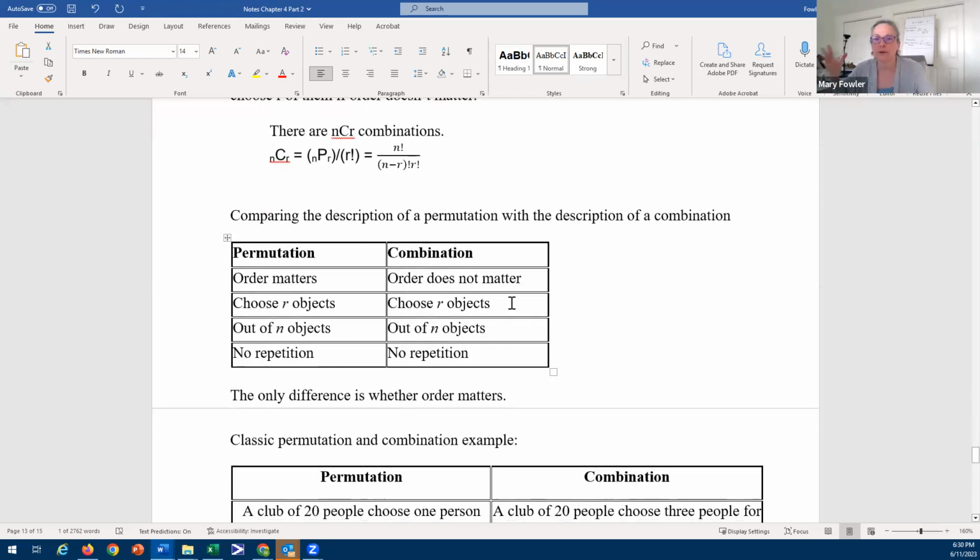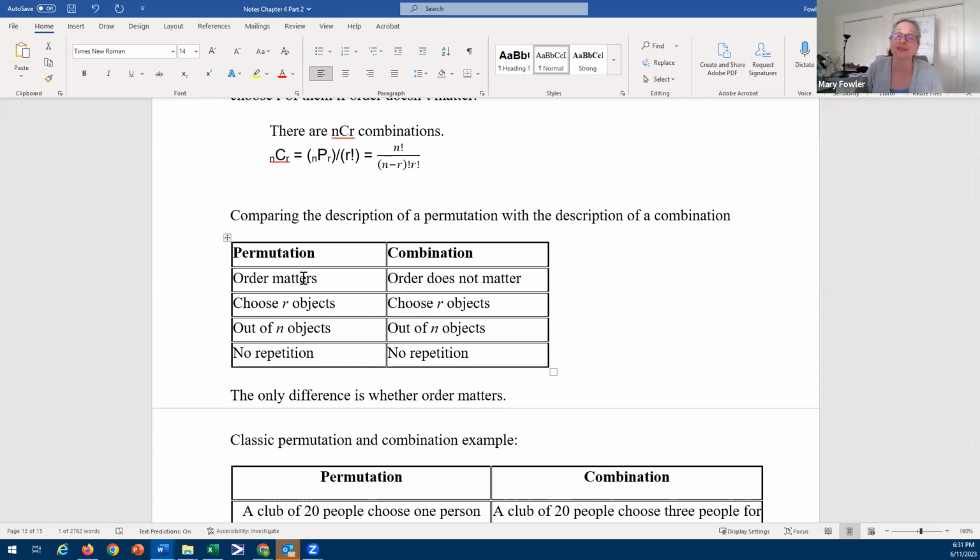So I just wanted to compare how to figure out whether the situation you're trying to count is a permutation situation or a combination situation. And for permutations, the order matters. Okay, so it mattered whether you chose red for the shirt, blue for the pants, and green for the shoes, or some other arrangement, flipping the pants and shirt colors.